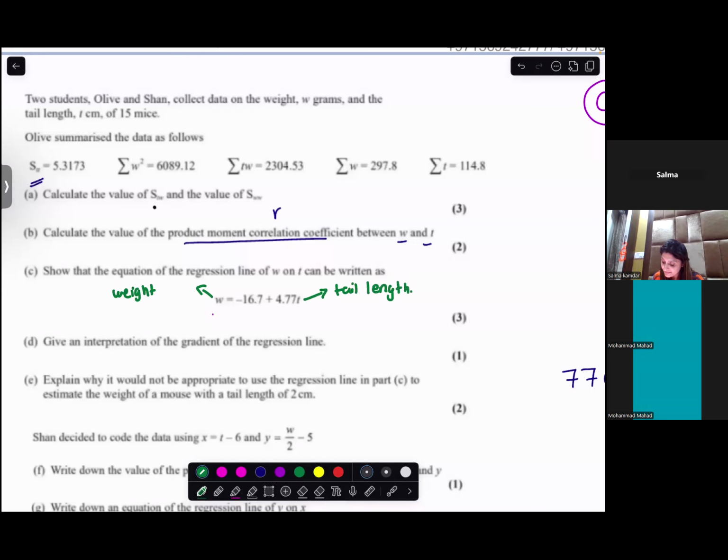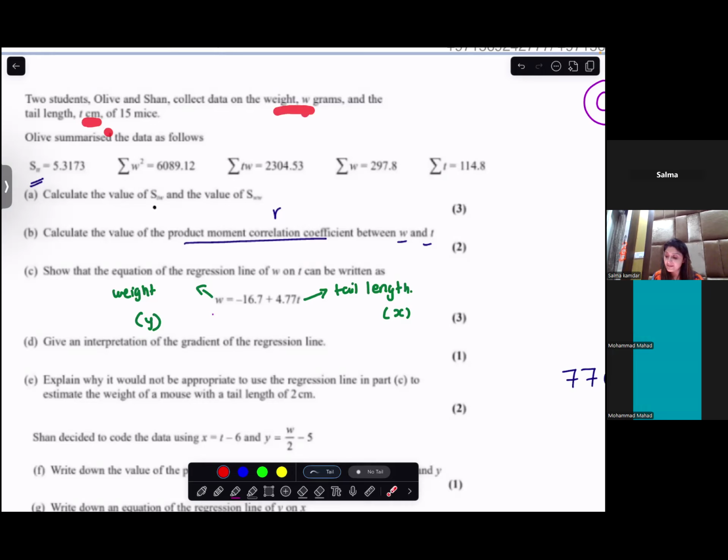This would represent my Y and this represents my X. I have to interpret this 4.77. That means every increase in X would increase my Y, W, by 4.77 times.